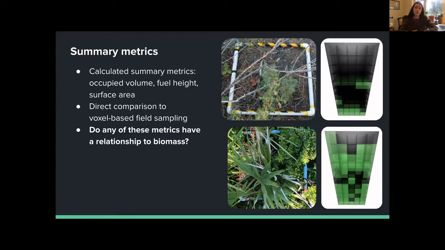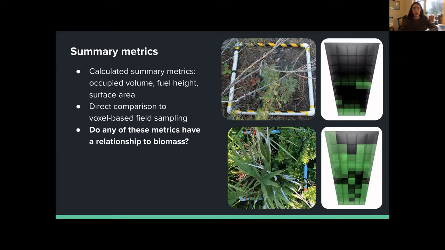So what we have in addition to biomass data is this rich information on occupied voxels that we can use to derive things like fuel volume and fuel height as they exist in the field within each of our plots. We do a similar process with the photogrammetry data. Because we can't really analyze the raw point clouds in our models, we have to summarize them in some way.